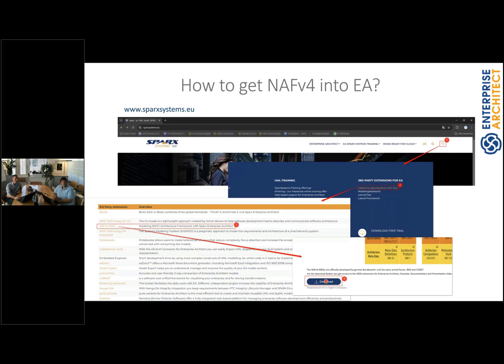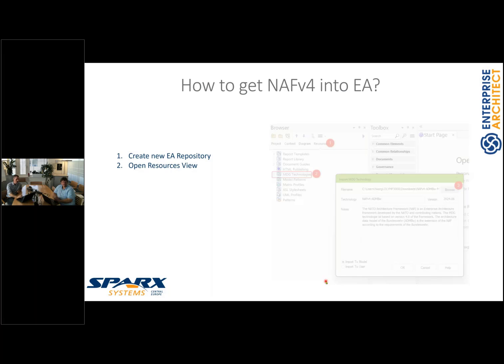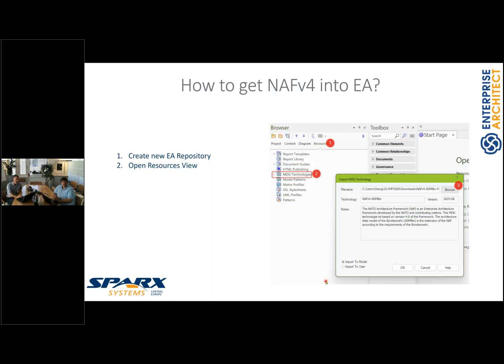So how to bring it into Enterprise Architect? There are different ways. The best way is to create a new Enterprise Architect repository and open the resource view, which in the latest versions is a ribbon in the project browser. So if you open the browser window, go to resources, then select MDG technologies. In the context menu, you can import an MDG technology, which opens this dialog.